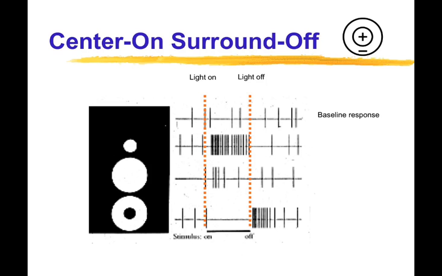So he's getting fewer action potentials than the baseline firing. So basically, when you're shining light on the excitatory center, you get an increase in the firing rate, an excitatory response. When you're shining light on the surround, you're getting an inhibition of the response. And actually it's when you turn the light off that you might get action potentials, like in this case.